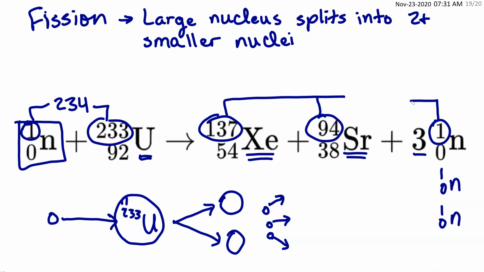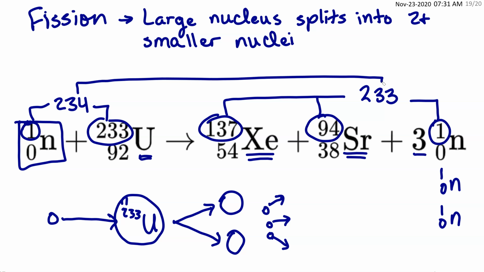So 137 plus 94 comes up to 231, okay? And when it's added to those 3 neutrons, we get 234. So you'll notice our mass numbers still balance on both sides.